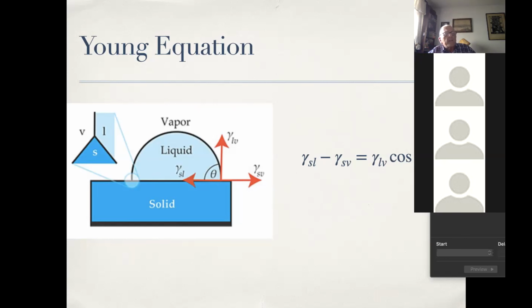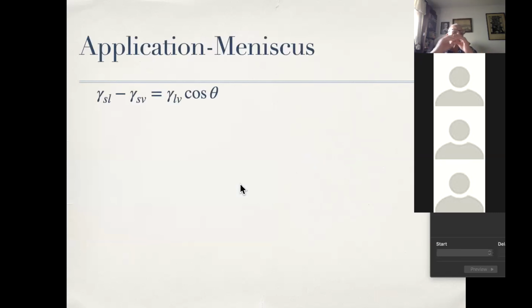This is the relation between the three surface tensions and the angle theta, and they are related by the following equation. So that is the Young equation.